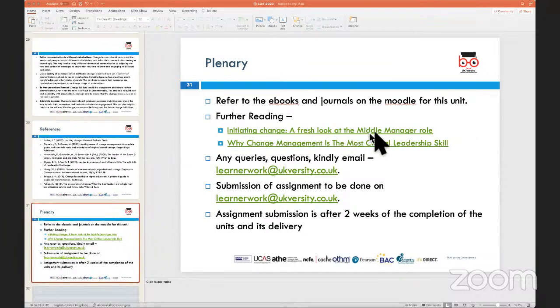The first is an article by Wendy Hirsch, which talks about initiating change, a fresh look at middle management's role. And the second is an article on Forbes, which talks about why change management is most critical with regards to leadership skills. This article is going to help you understand the role of leadership in bringing across change within the organization.